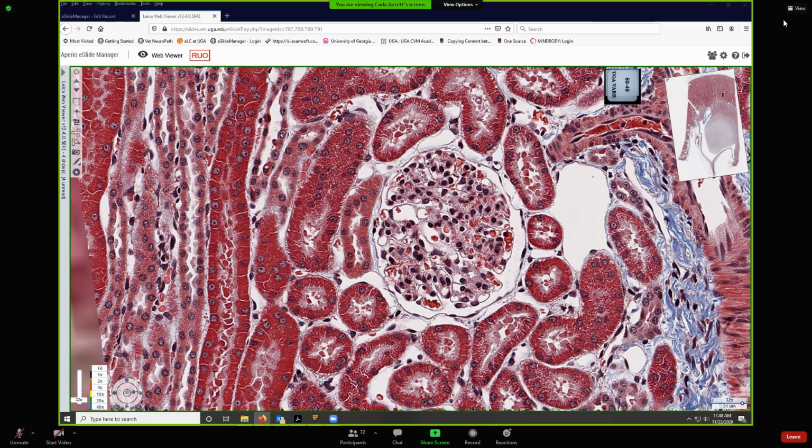In the vestibule, what's inside the vestibule? The utricle and the saccule. So the vestibule is bony, but the utricle and saccule are membranous. And then the cochlea. So the cochlea is bony, but the cochlear duct is membranous.